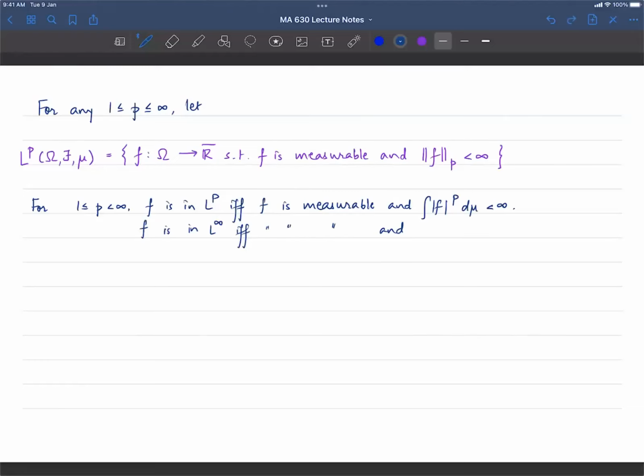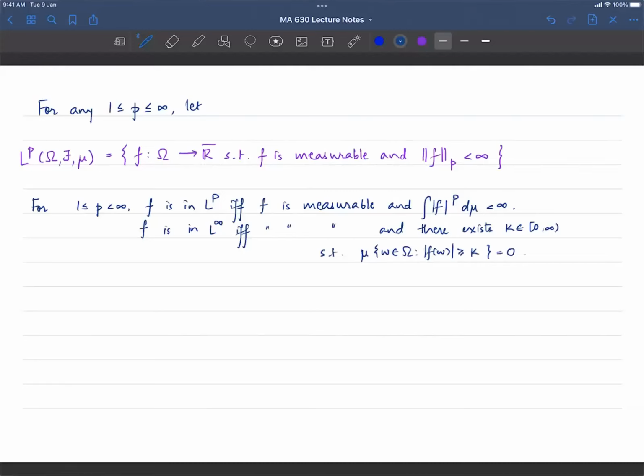This means that there exists k in [0, infinity) such that mu of the set of all omega in Omega such that absolute value of f of omega is greater than or equal to k is 0. In other words, f is in L infinity if you can find a number k big enough such that the measure of the set where the function exceeds k is 0.